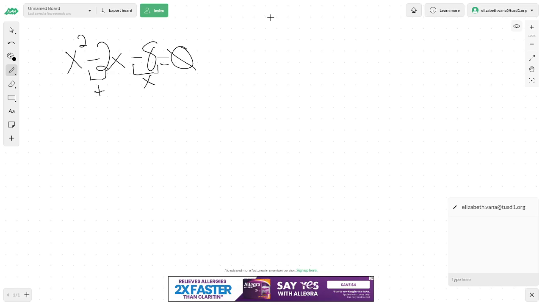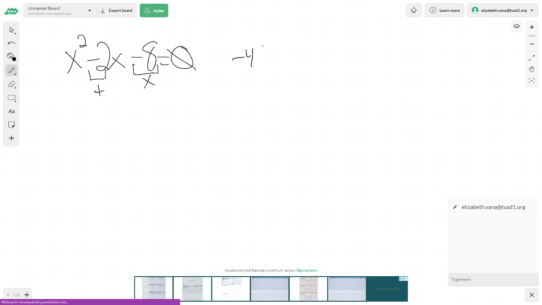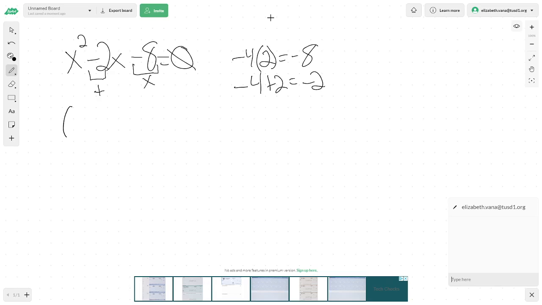So let's think about that. Looks like negative 4 and 2. So if I multiply negative 4 and 2, then I get negative 8. And if I add negative 4 plus 2, I get negative 2. So these numbers work. So I have x minus 4 and x plus 2.